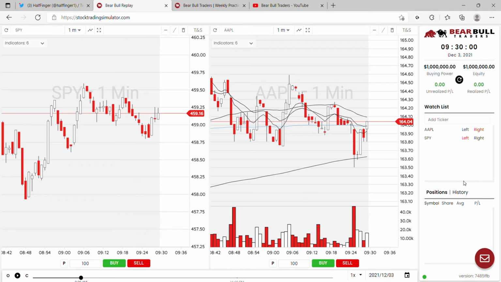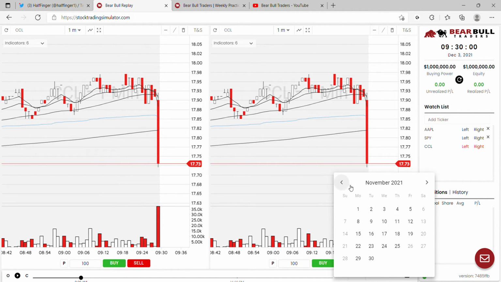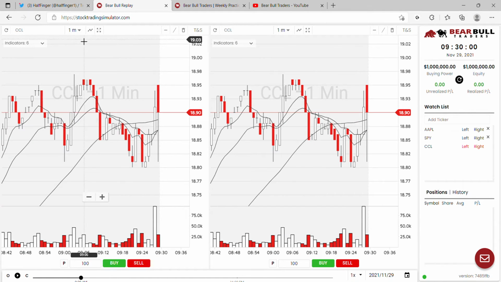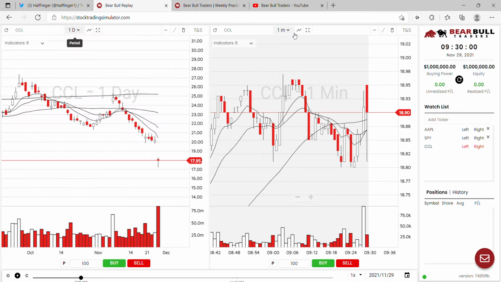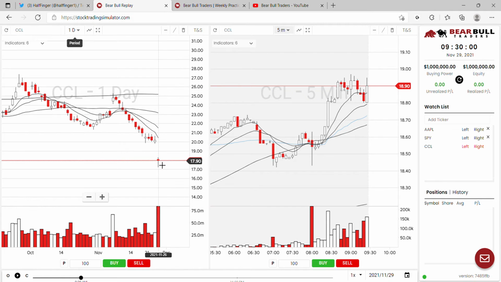So what I'm going to do is put CCL in here, which I had on my watch list November 29th. If we go to the daily here, you can see that on the 26th, Friday, it gapped down significantly.